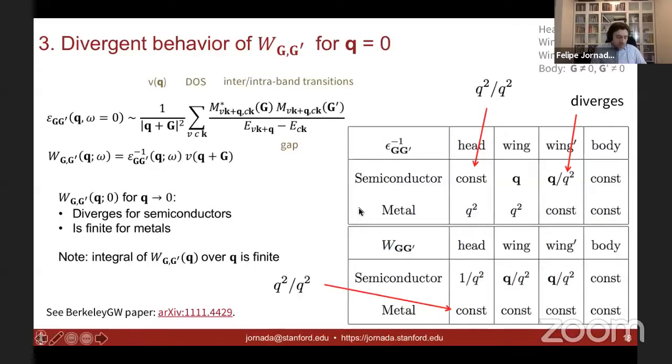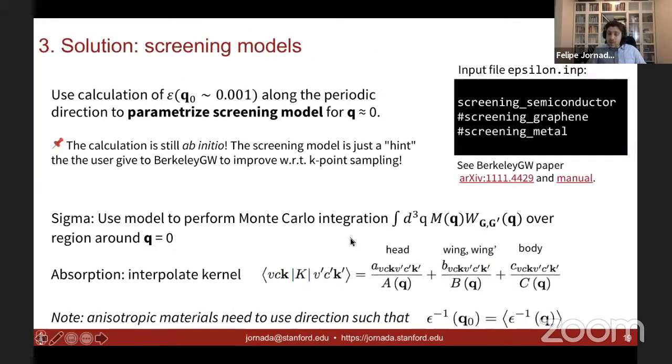Of course, trying to brute-force an integral of a quantity that diverges is a futile exercise. So what the code does is try to help you with that. And in order for the code to help you, you actually have to give it a hint. The hint is you have to tell the code whether you're dealing with a semiconductor, or with a metal, or with something that looks like graphene.